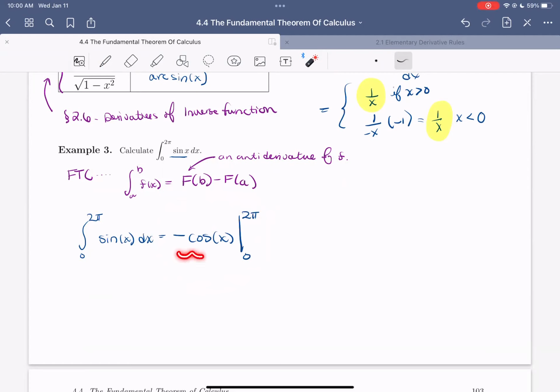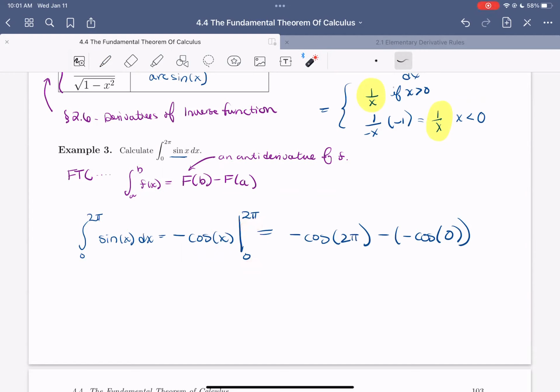So this notation tells us that we need to compute negative cosine of 2 pi minus negative cosine of 0. So this is just notation that again is telling us we're going to subtract this function when we evaluate at 2 pi, the upper bound here, and then at 0, the lower bound.